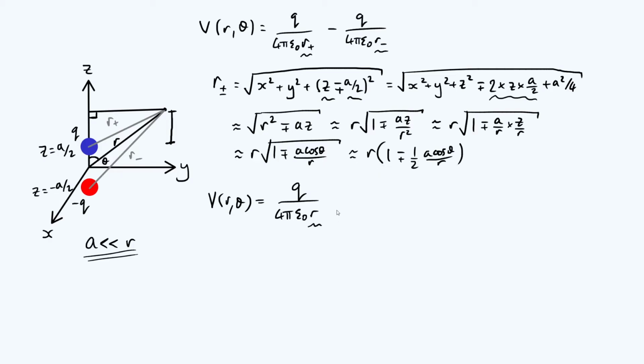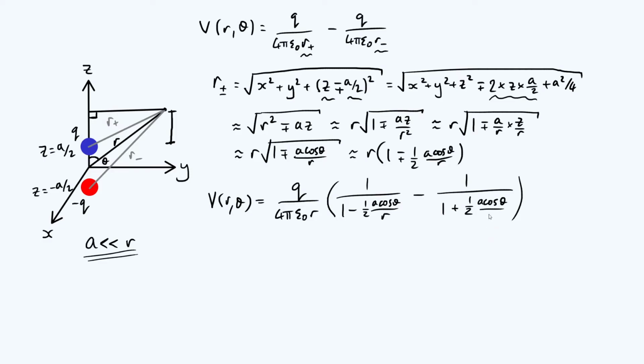So we can take that r out. And then the first term, we're going to get 1 over 1 minus half a cos theta over r. The second term, we're subtracting 1 over the same thing but with a plus sign. So 1 plus half a cos theta over r. Okay, a cos theta over r.